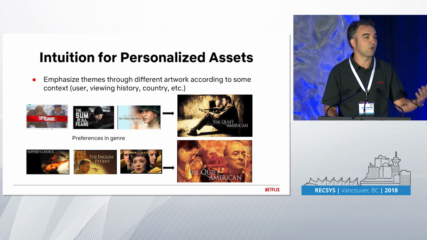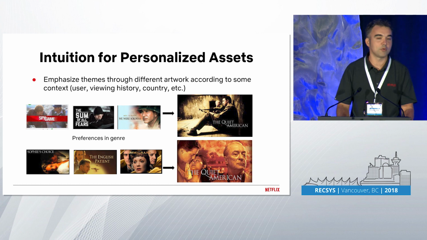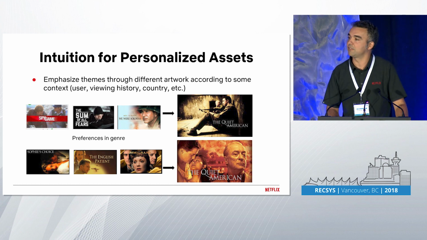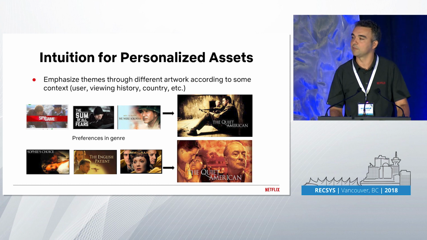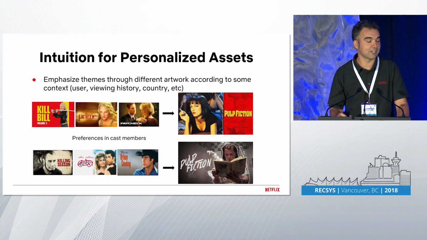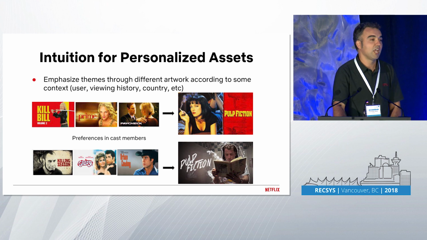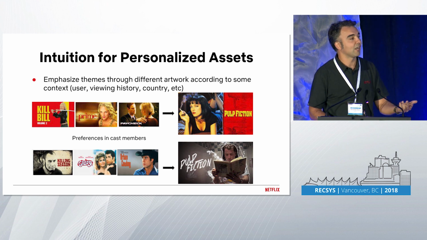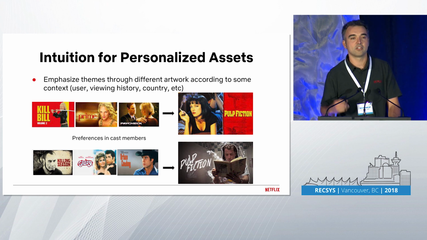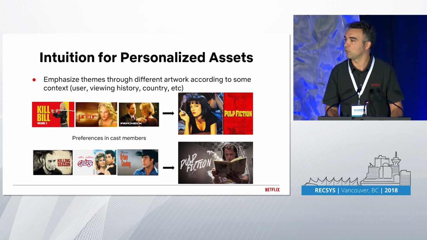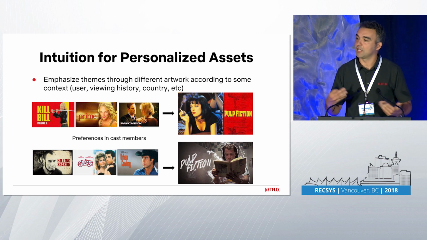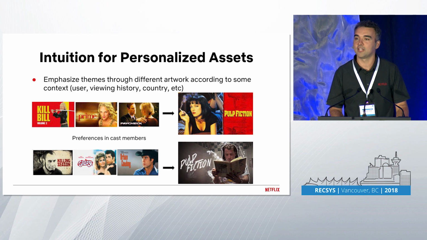While if a user is more into romance movies, a different picture that depicts this other theme will be better. And another classical example of this is star-loaded movies, like Pulp Fiction. You probably want to emphasize the actor or the actress that the user has engaged with in the past. It's still the same movie, but can be perceived very differently through the box art.